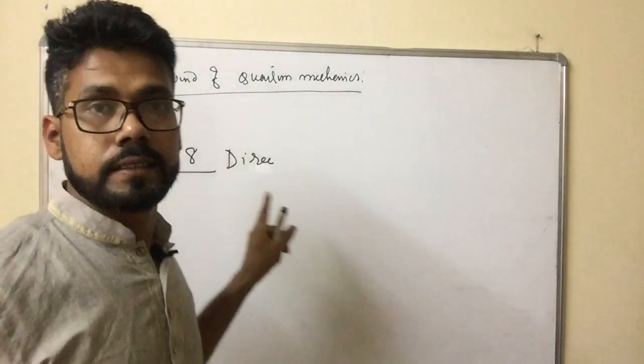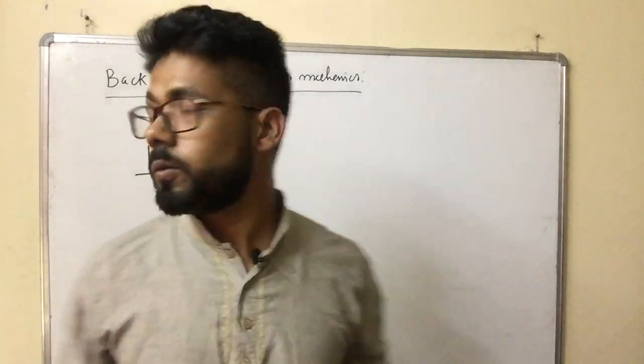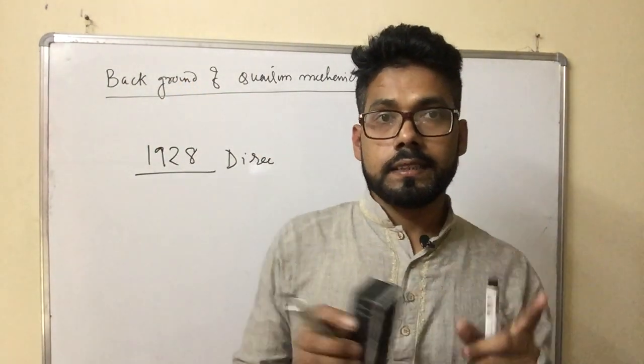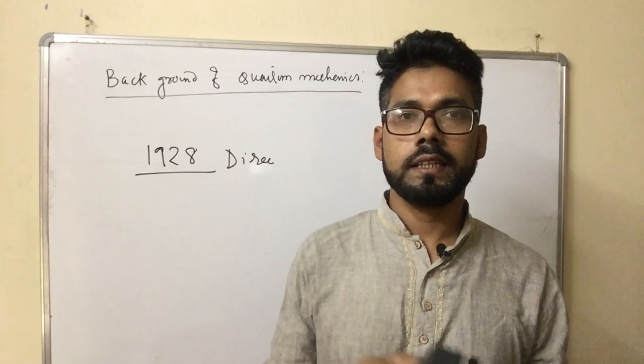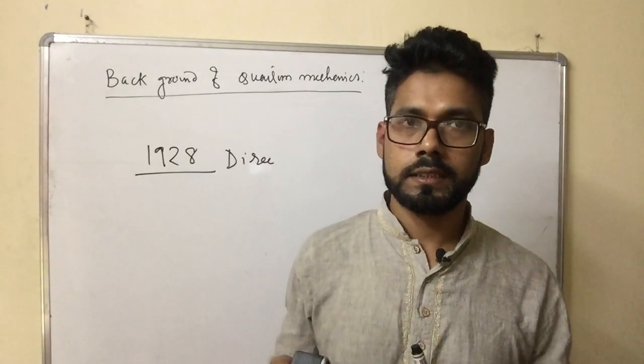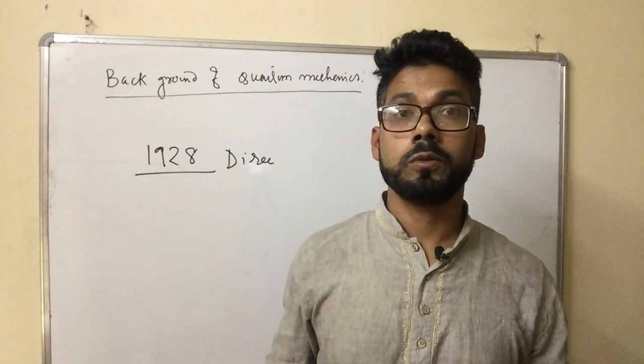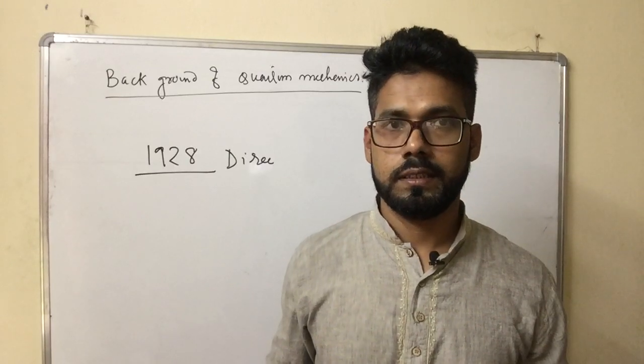Okay, in 1928, what happened? Dirac, combining the relativistic theory and quantum mechanics, proposed a new theory which is known as Dirac theory.